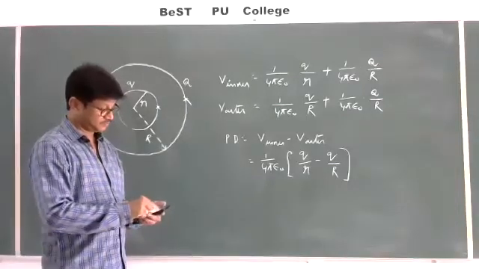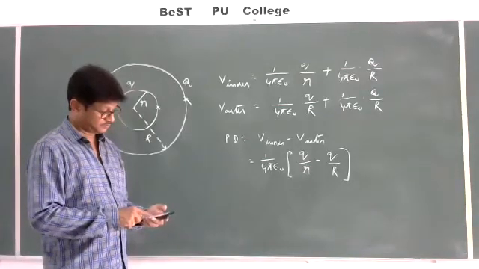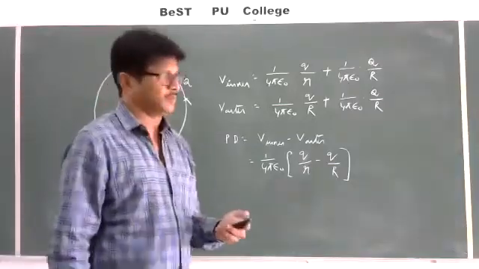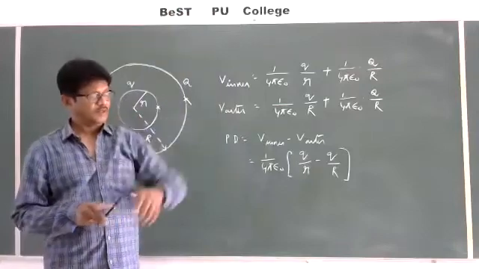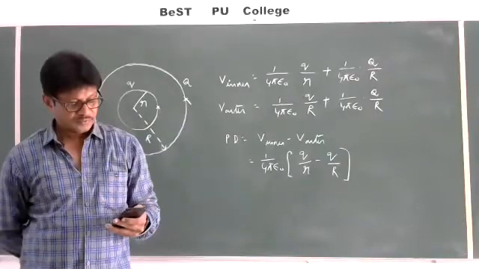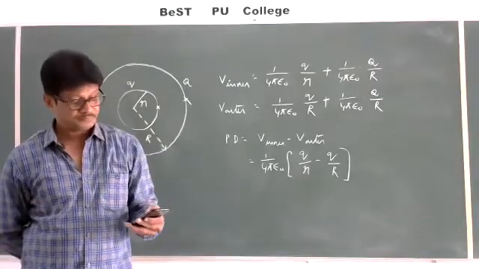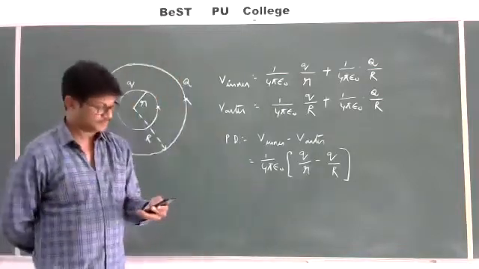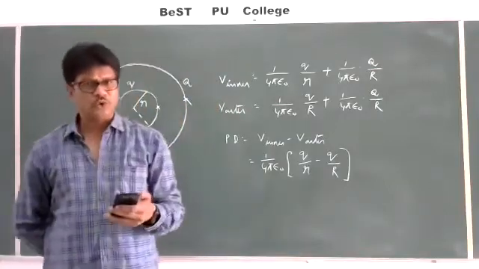Next problem. The work done in bringing a 20 coulomb charge from point A to point B for a distance of 0.2 meter is 2 joules.